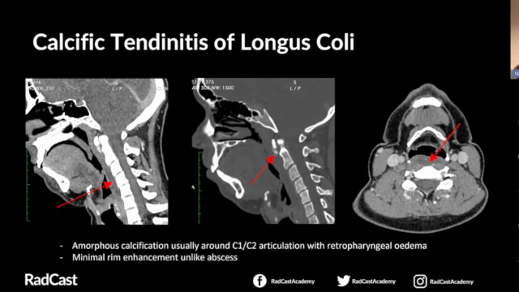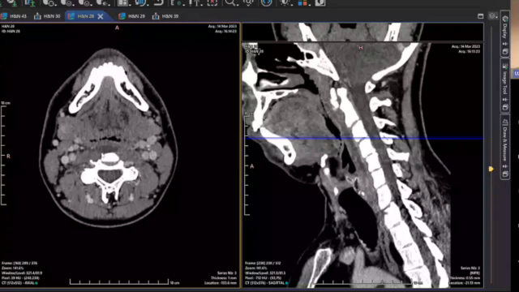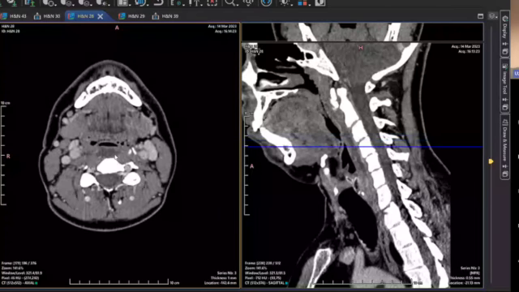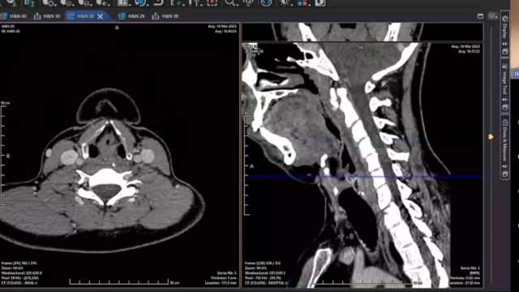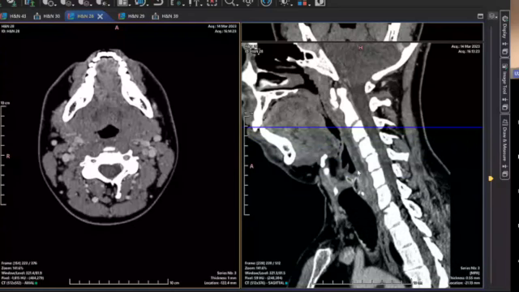So here you can see, this patient presented with symptoms of query retropharyngeal abscess, and you can see there's this edema in the retropharyngeal space, but there's not much rim enhancement, but there is maybe a bit of rim enhancement on the sagittal.